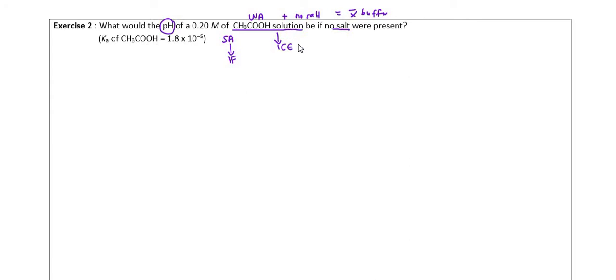Look back at the notes on how to use the ICE table, and Ka is given. We need to check the 5%, whether we assume or use the quadratic. Then you get the value of x, and x is the concentration of H plus, and from the concentration of H plus you get the pH. The answer for this question is 2.72. You must try, you will get 2.72.